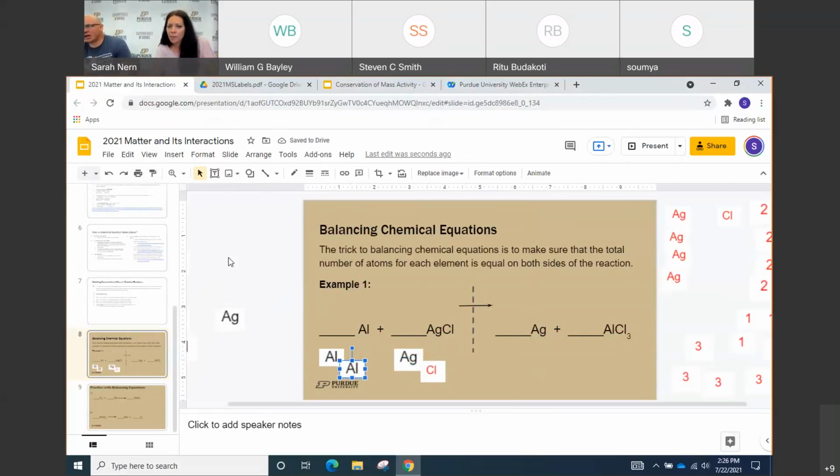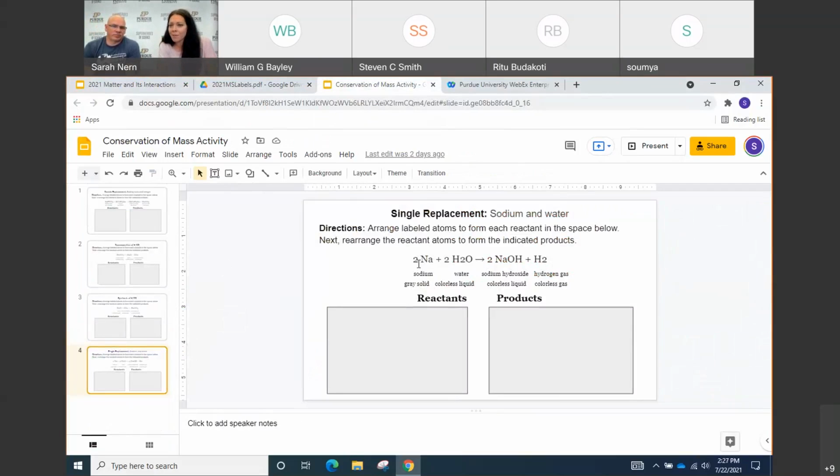Someone asked about doing the laminated card activity prior to balancing equations. I think so. I think that's what I thought too. Yeah, because with the laminated card activity, we're giving them the balanced equation ahead of time. So they might not even pick up that there's two. They just know, oh, I have two red ones for sodium and then two of these groupings to make water.